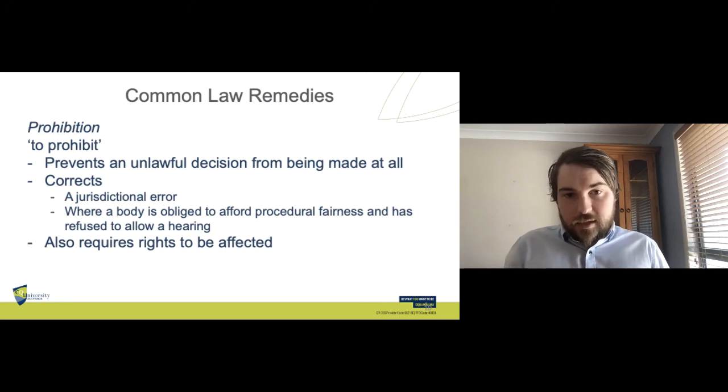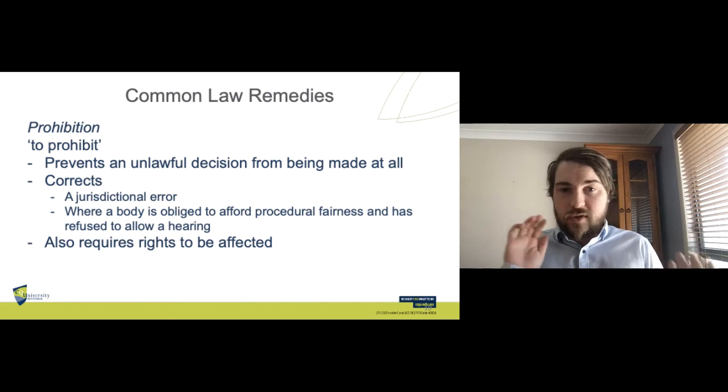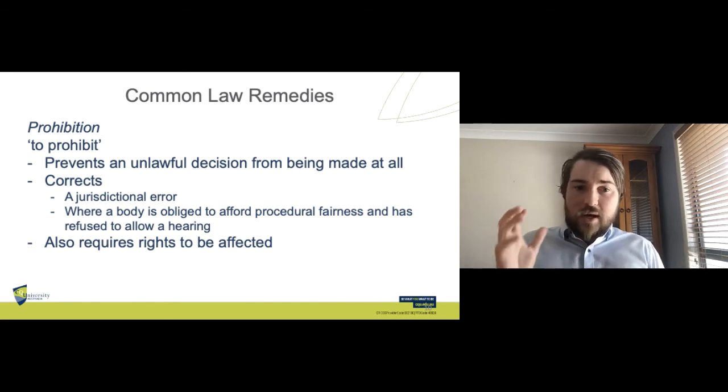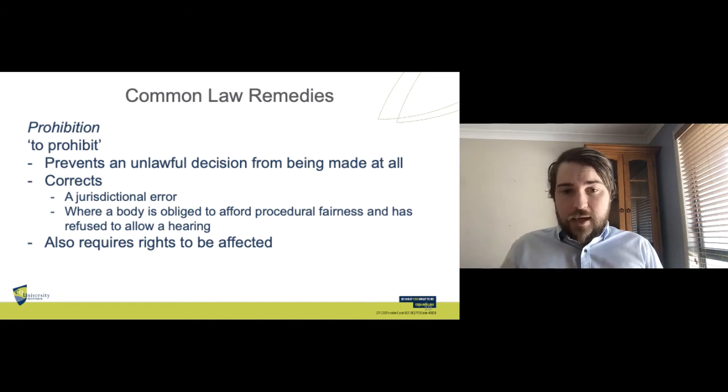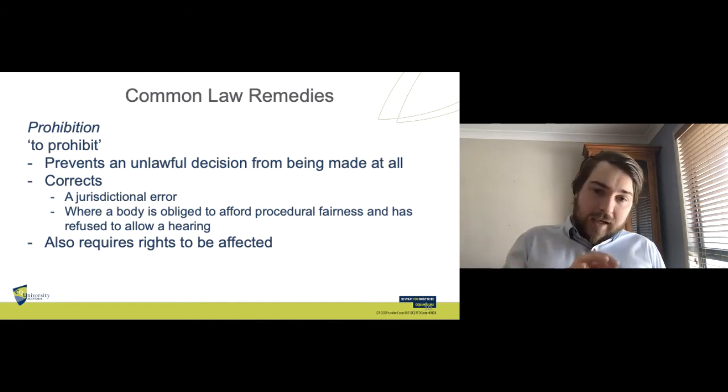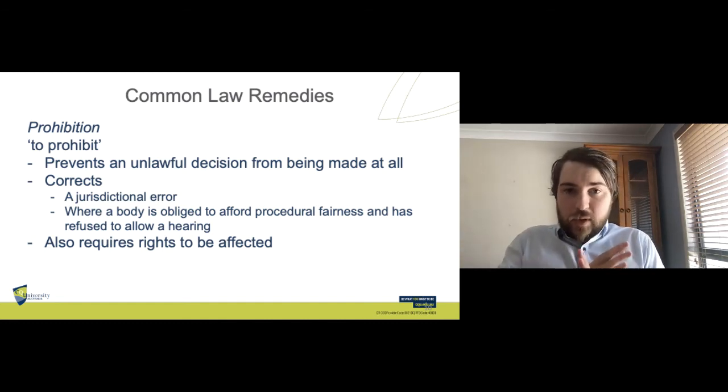The second remedy at common law is prohibition, to prohibit, obviously, and it prevents an unlawful decision from being made at all. So this is sort of the flip of certiorari, where the decision hasn't been made yet, but is about to be made, and we get in and we stop the decision being made.